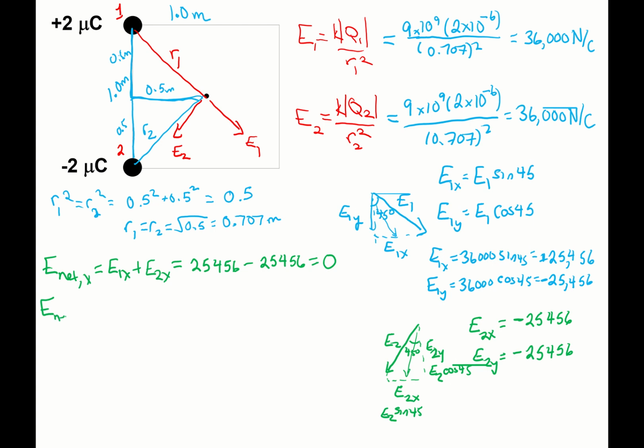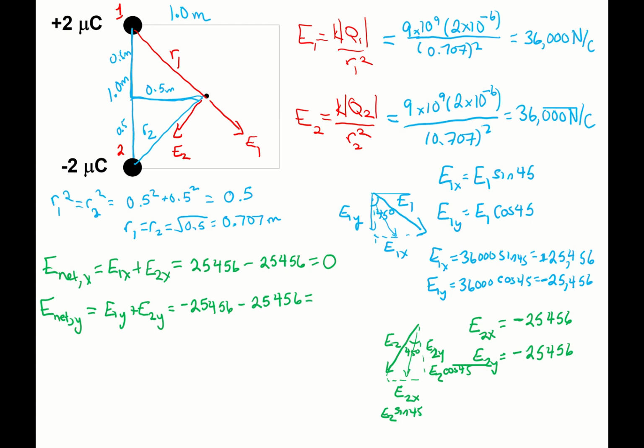How about the vertical components? Those are both going down, so they're going to add together. I've got minus to indicate it's going down, 25,456 minus 25,456.